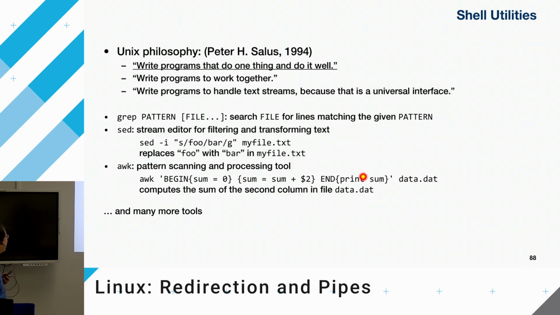For example, here this one single line does a sum of all the numbers from the second column in this file, and then in the end prints it out. So there are many useful utilities for Linux.